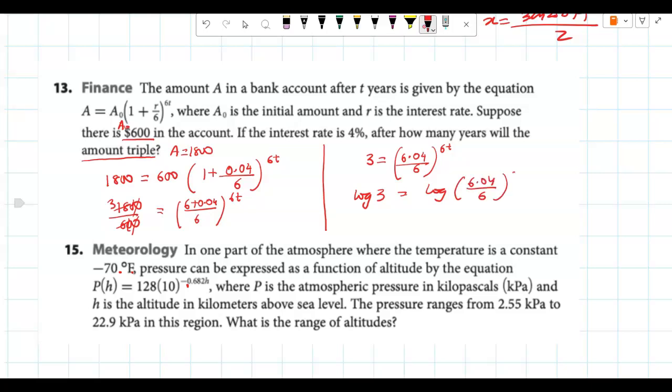If you put this in the solver, it will give you the answer directly, but you're doing logs, so he will expect you to use logs. So log 3 is equal to 6t log of 6.04 upon 6. So log 3 upon log of 6.04 upon 6 is equal to 6t. And then you put it in your calculator and divide that by 6.